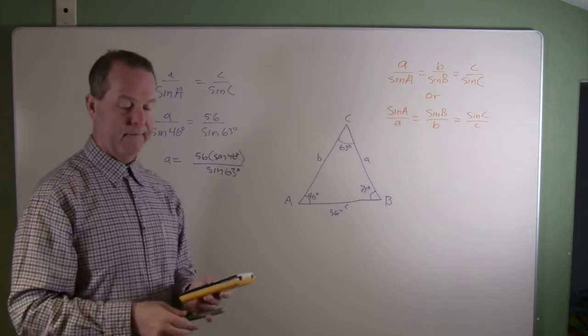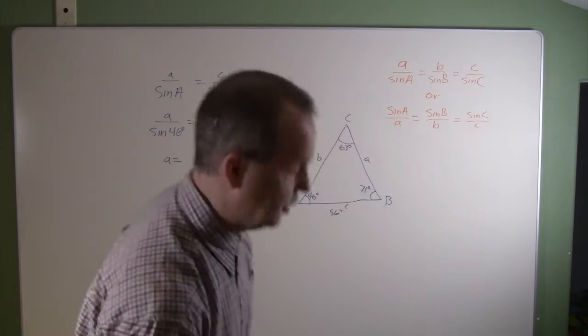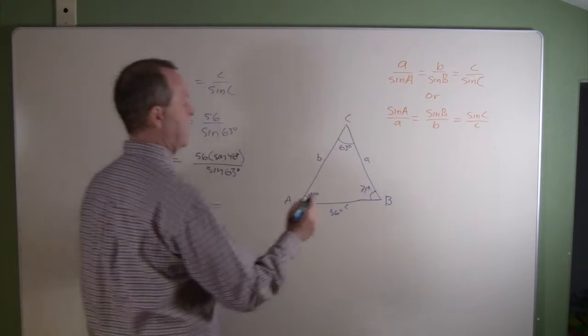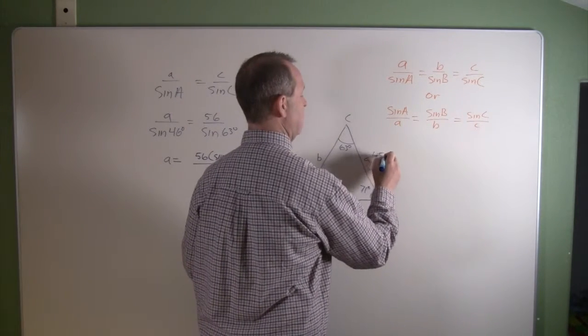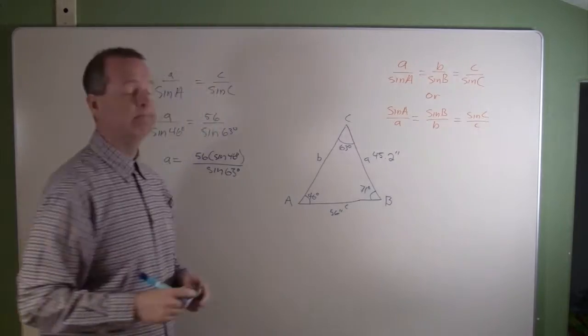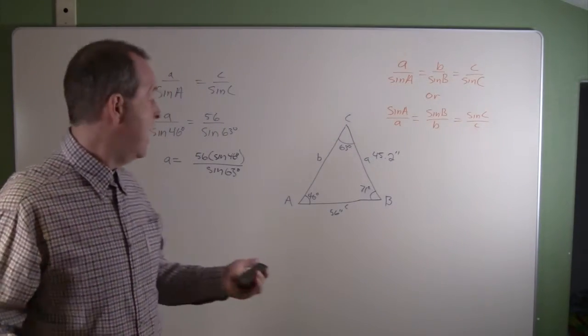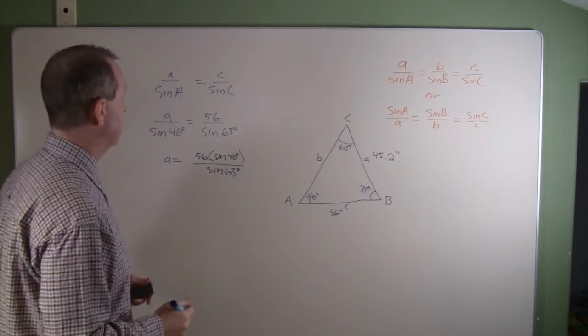Hit enter, and I get 45.2 inches. So the length of A is 45.2 inches. And I'll just do the process one more time to find this length of B over here.